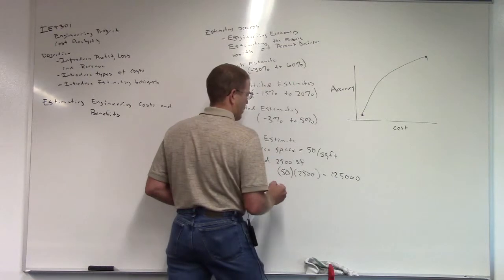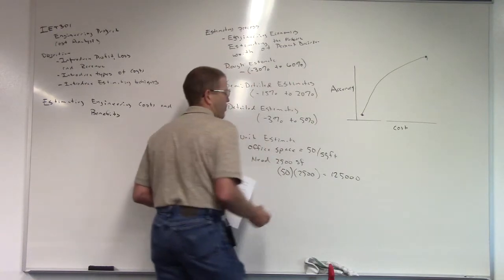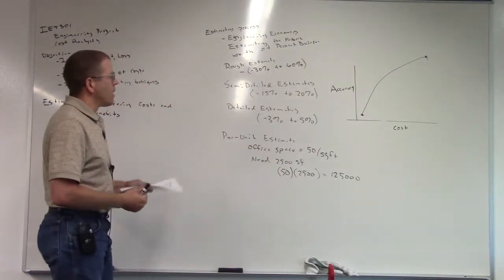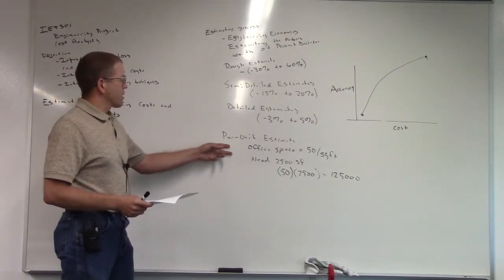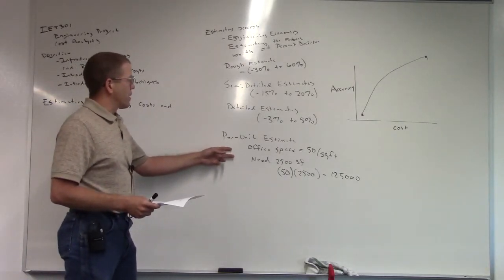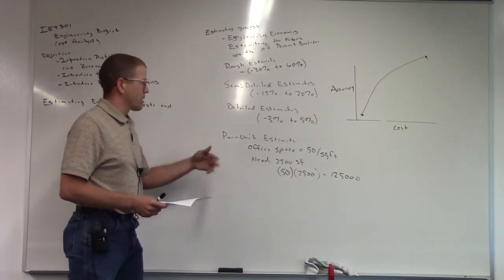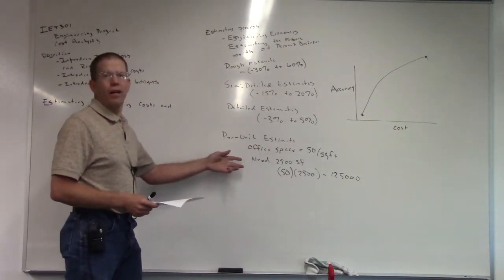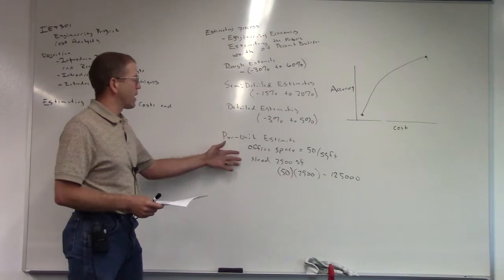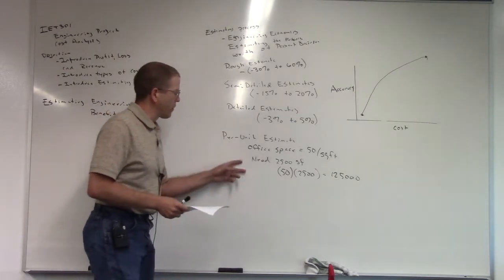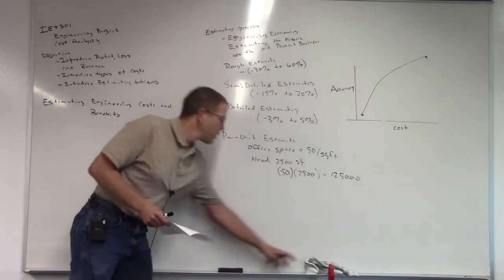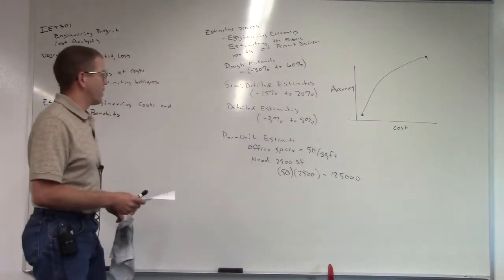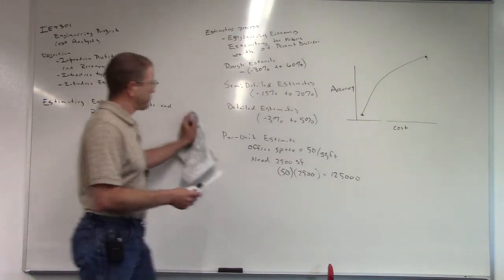Maybe with the extra zero there. Yes, $125,000. Okay. So again, used quite extensively when we're considering real estate, office space, lot sizing, and so on and so forth. And in fact, that's the types of problems you see in the homework relating to this per unit estimate technique.